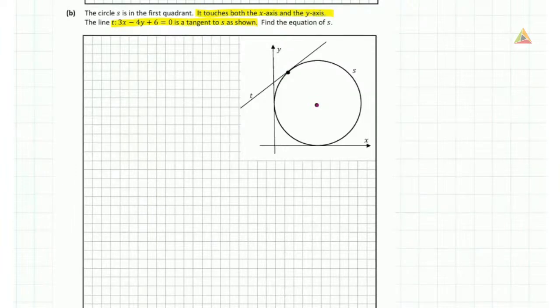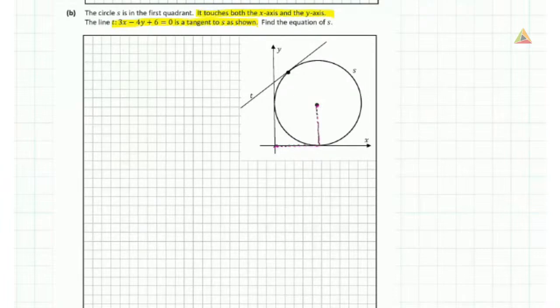And let's think about how we would get to that centre. So we always start at the origin down here. We go across a certain amount on the x-axis, and then we go up a certain amount on the y-axis to get to that point. But we're not just going across any amount. If you look here, that amount that I've gone across is actually equal to the radius of the circle.